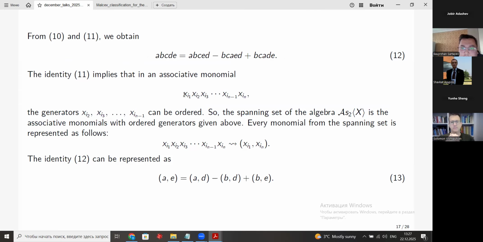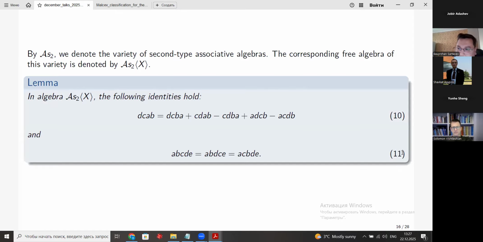So the leftmost generator and the rightmost generator we fix, but the generators which stay between them we can order in increasing order. Why? Because in identity 11, A and E, the leftmost and rightmost generators, are fixed, and here BCD, BDC, and CBD, so we can place them in any order. So we can order them.